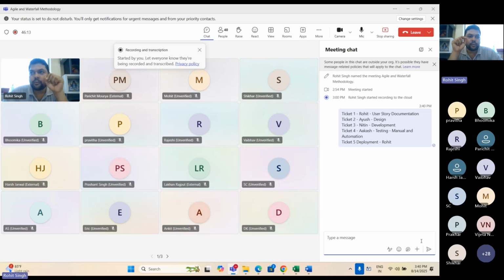So in Jira we create a project. Under the project we create epics. Under epics we create sprints. Under sprints, we create Kanban boards. Under Kanban boards, we create tickets or Jira cards.